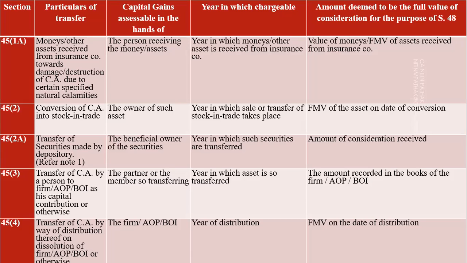There are rows and columns. First is the section, particulars of transfer, the type of asset, the capital gain assessable in the hands of, the year in which it is chargeable, and the amount for which it is chargeable. So here, first I'm not taking 45(1), I'm taking 45(2).